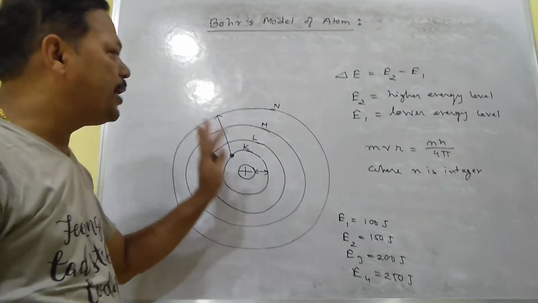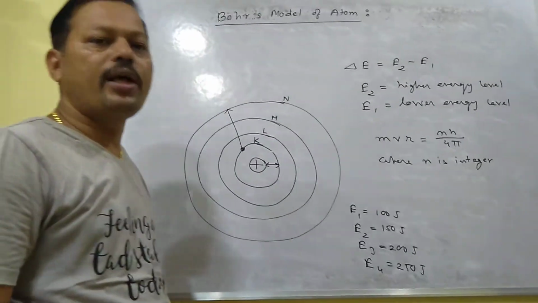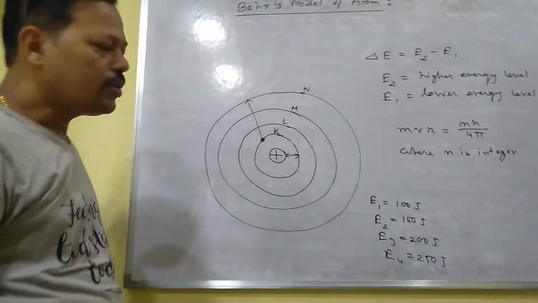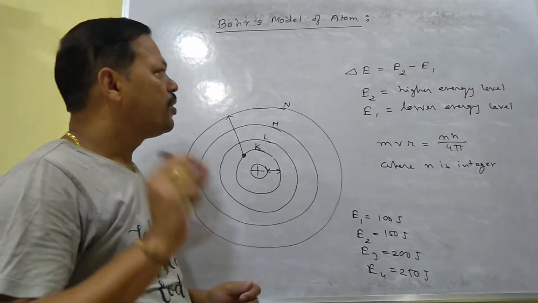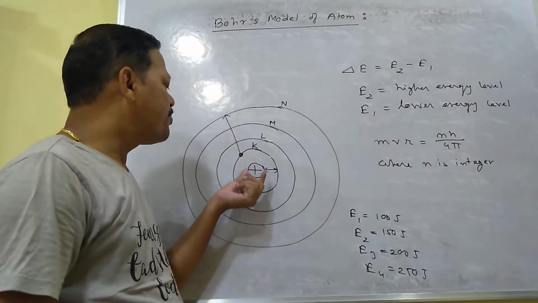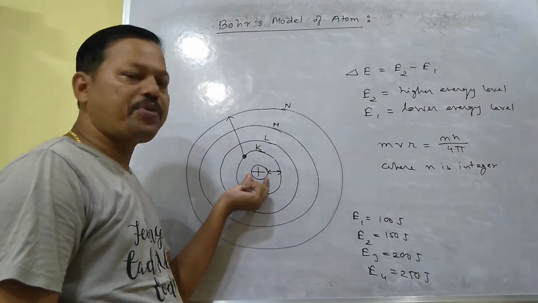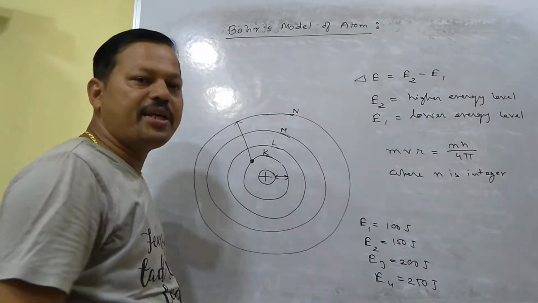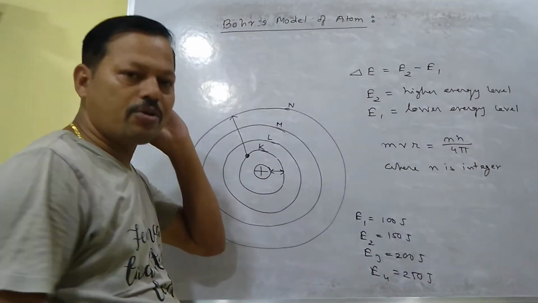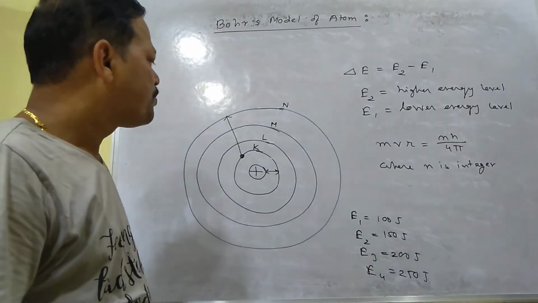So these are the main points of Bohr's model of atom. I'll tell you again what the main points are. First point, every atom contains a positively charged species which is called nucleus, and the electrons revolve around the nucleus in certain circular paths which are called orbits.